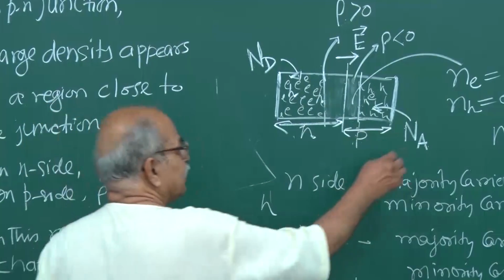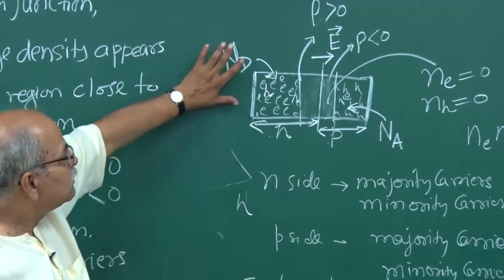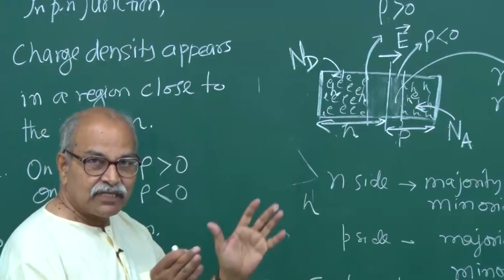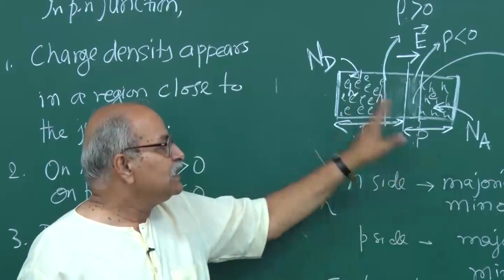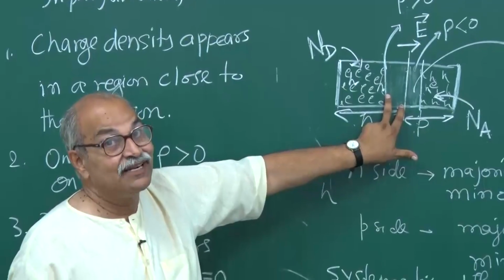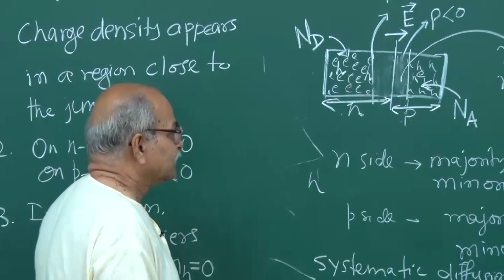Similarly, Na and Nd will decide. The larger the impurity doping concentration, the smaller will be the width. So, if Na and Nd are not equal, you can have unequal width on the two sides of the junction. So, those are the things.